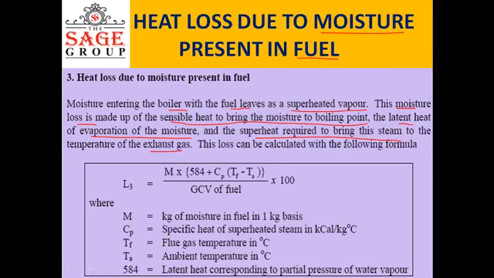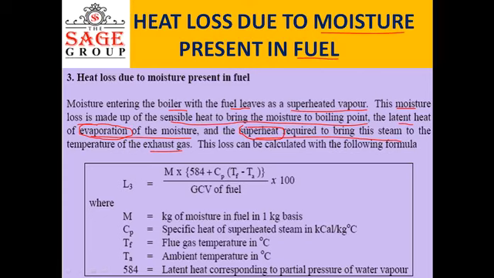So if moisture is present in the fuel, first it will get heat in the form of sensible heat, so its temperature will rise up to its boiling point. Then it will take further heat in the form of latent heat for the evaporation, and then it will take heat in the form of sensible heat again, or we can say superheat, to superheat it up to the temperature of the flue gases.